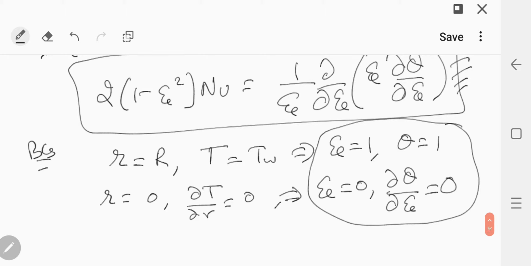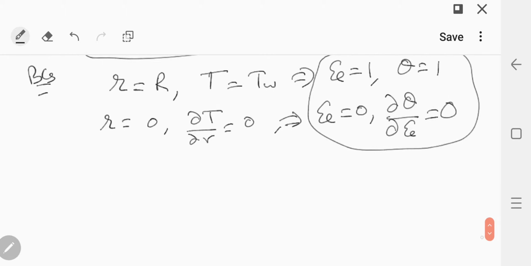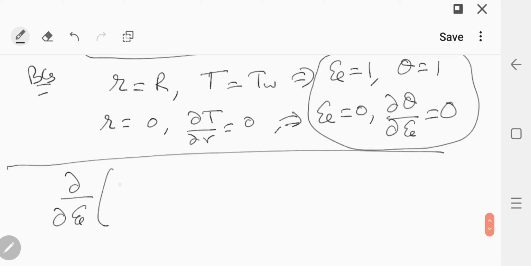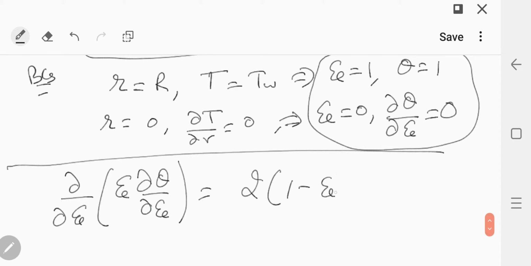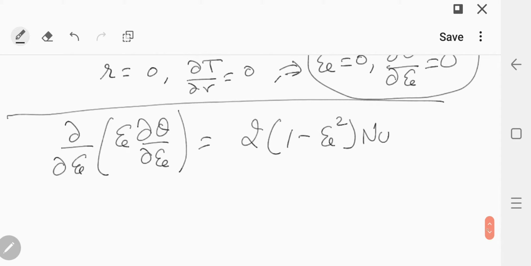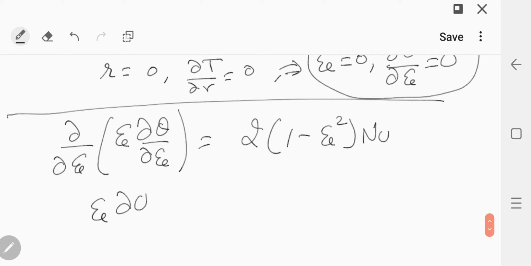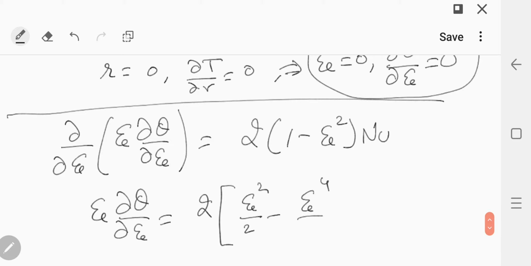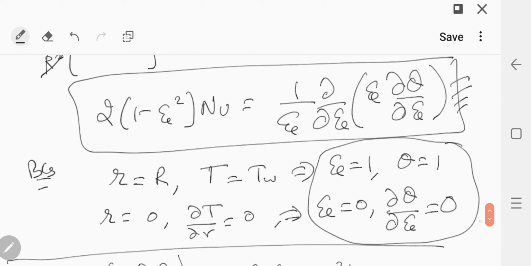So upon integrating, that is zeta del theta by del zeta as twice 1 minus zeta square by Nusselt number. Now upon integrating, what we have is zeta del theta by del zeta into twice, we have zeta square by 2 minus zeta 4 by... okay, we have 1 minus zeta over here also, right?